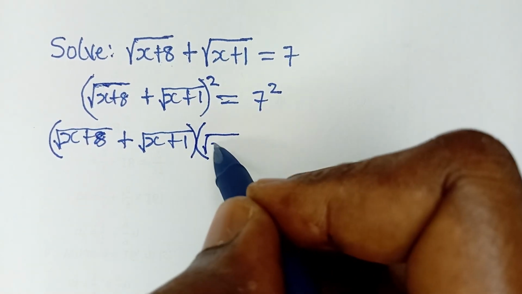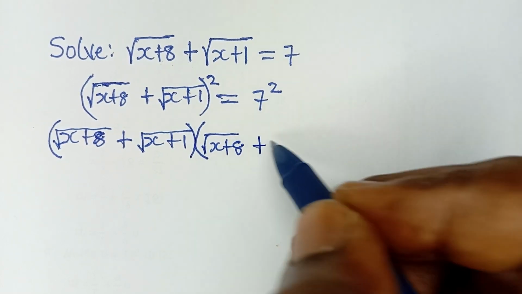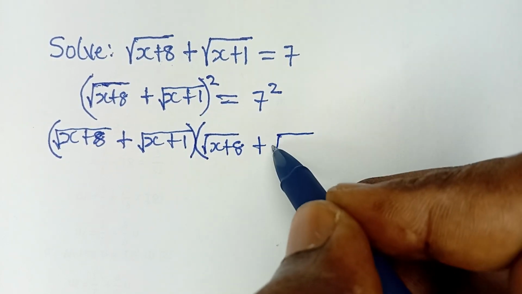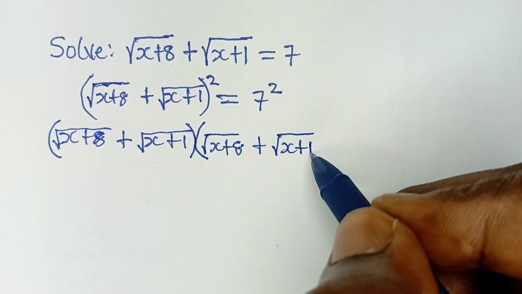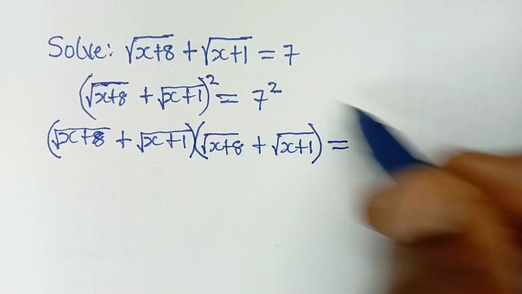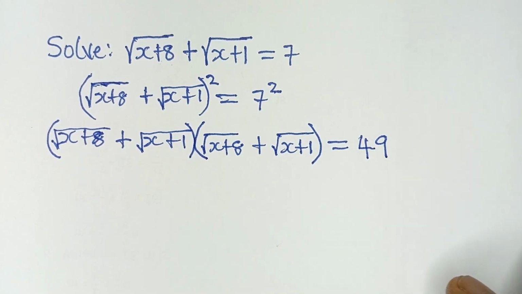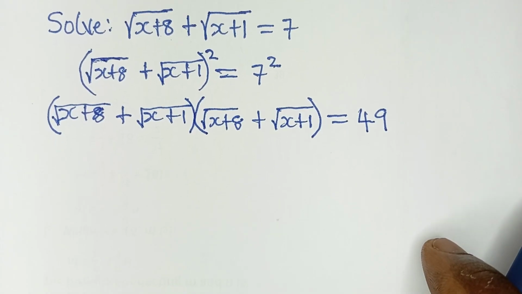So root x plus 8 then plus root x plus 1, and is equal to 7 square, which is 49. So now that we have squared both sides, we can simplify further.